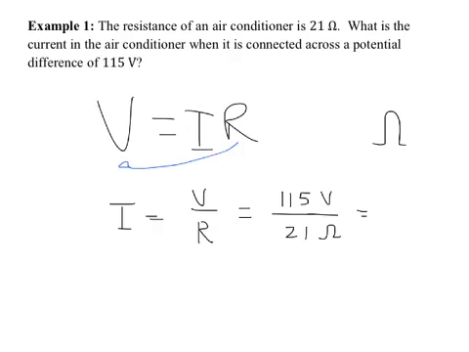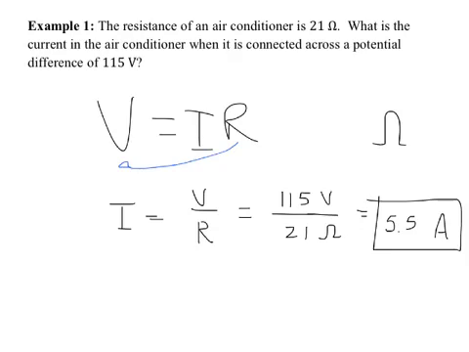What are my units for current from yesterday? Who remembers? Amps, there it is. What do I get for the answer? You get 5.48. I'll say 5.5 amps. So here's what this means. Ready? Let's make sense of this.